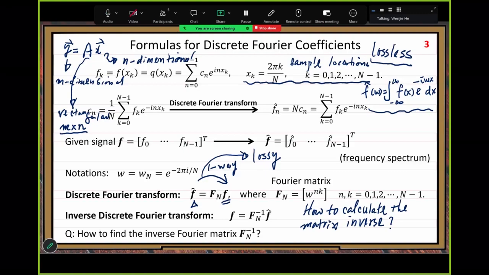How about n by n? In our current situation, we need to calculate the matrix inverse for an n by n matrix. Also, there is a formula. The formula exists for an n by n matrix.